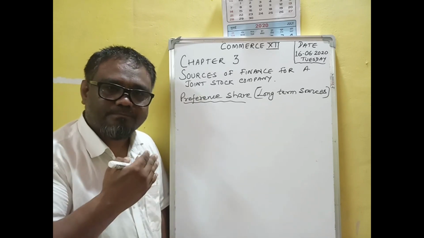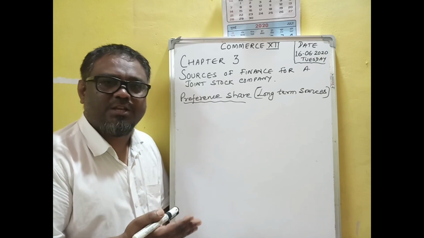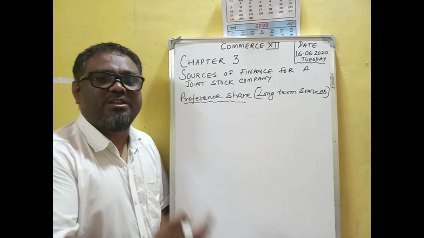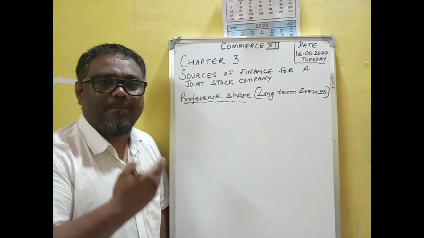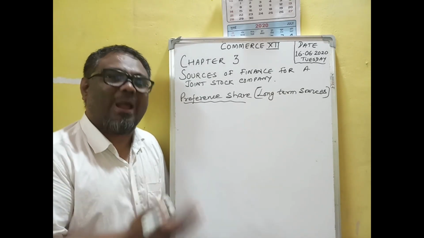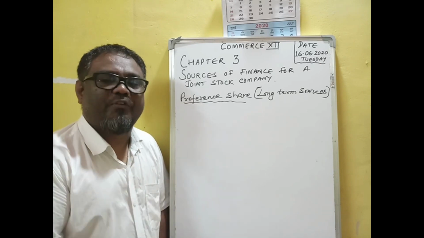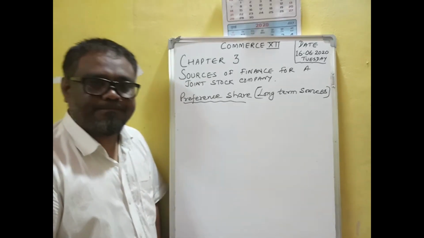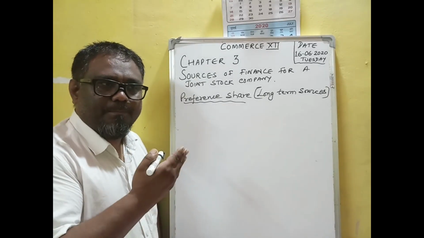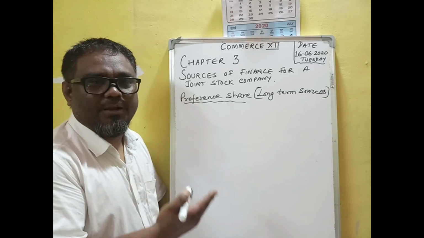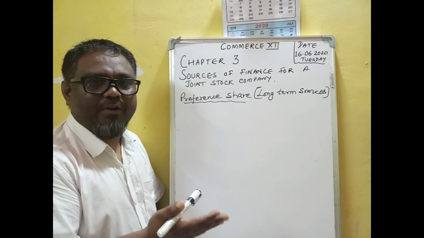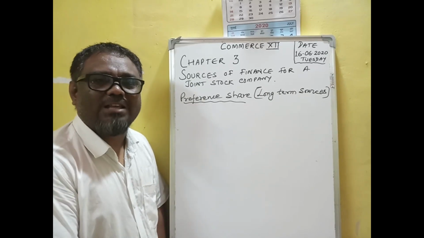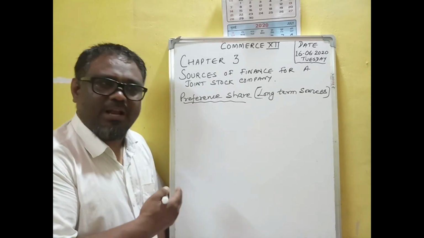Preference shares have two rights. Some preference is given to the preference shareholders like payment of dividend and redemption of capital, whereas no such preference is attached to the equity shareholder. Preference shareholders have no voting right.